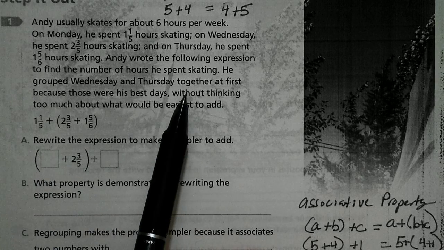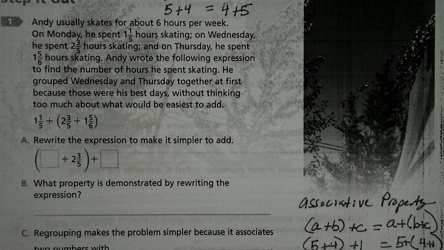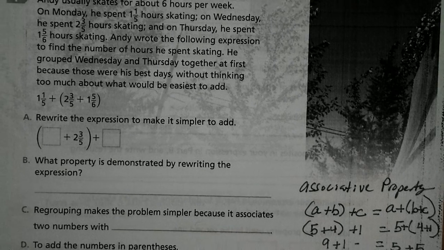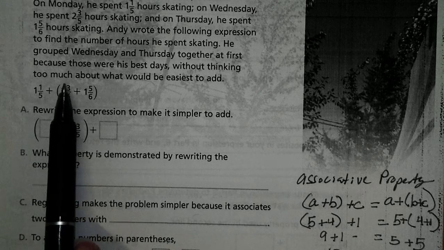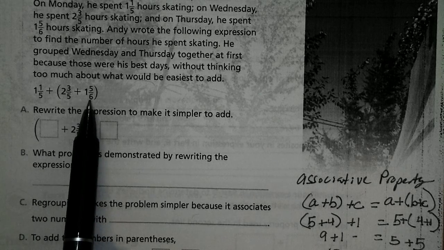Andy wrote the following expression to find the number of hours he spent skating. He grouped Wednesday and Thursday together at first because those were his best days, without thinking too much about what would be easiest to add. Okay, so here it is, 1 1/5 plus 2 3/5 plus 1 5/6.